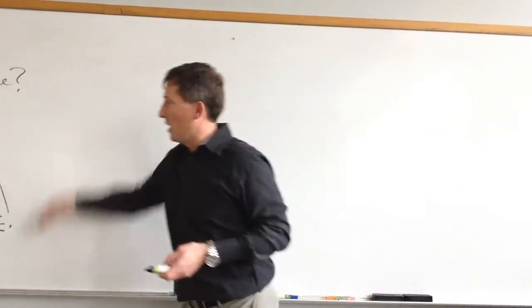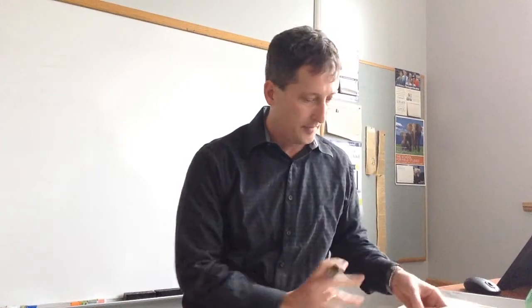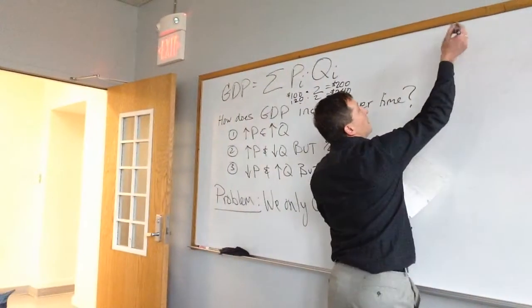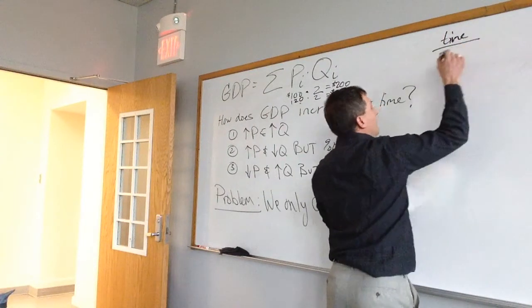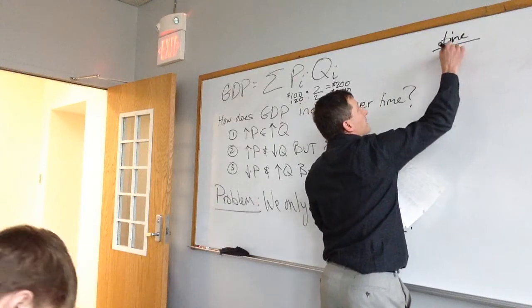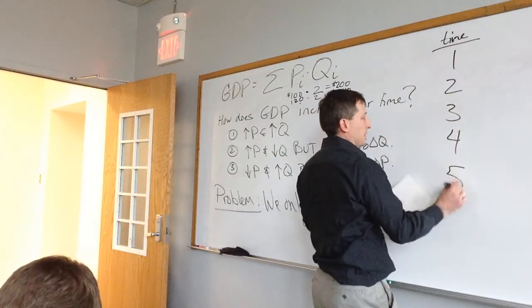Start a new column if you haven't, and we're going to make about, I don't know, 7 columns worth of data as we work through this little piece here. So we've got one column is time. Year 2011, 2012, 2013, 14, 15, 16.